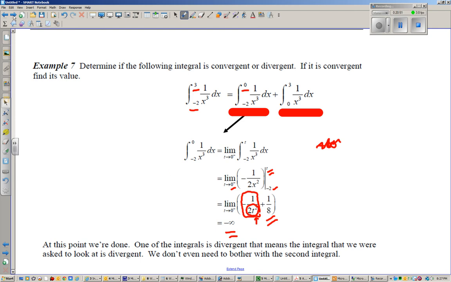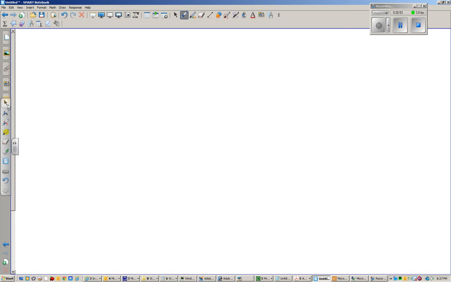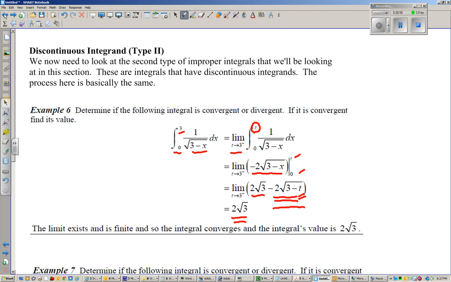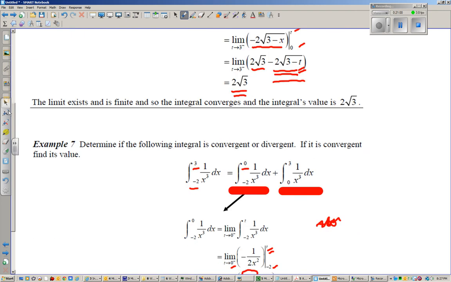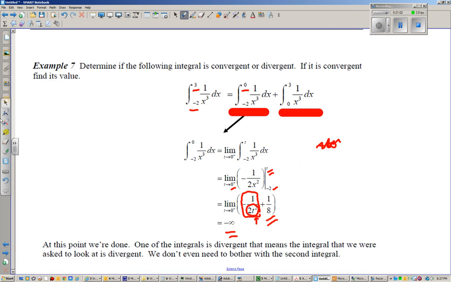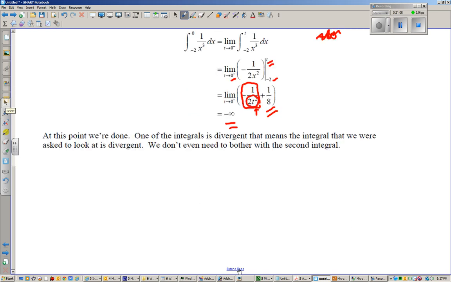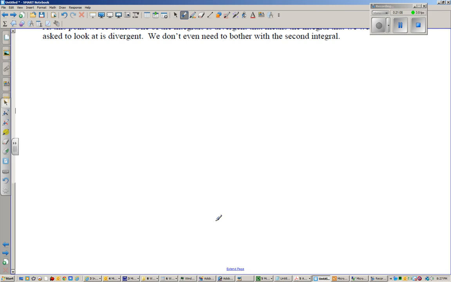I think I have one more here. No, I don't. And that was more than enough. It's over 20 minutes, so I'm going to let you take a look at these problems. These problems are coming from page 421, and there are a slew of them there.